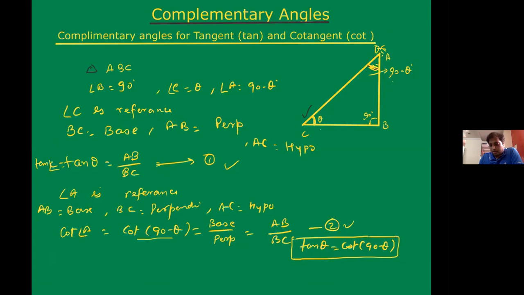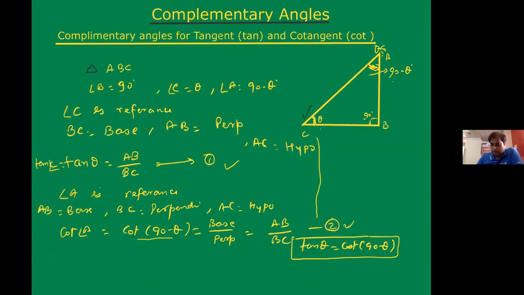How come? Because earlier we considered angle C as theta, where tan theta was the ratio. Now I'm writing cot theta. If I take the reference as C, cot theta is base by perpendicular, so BC by AB.